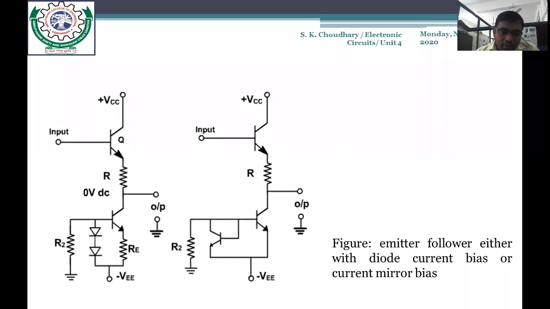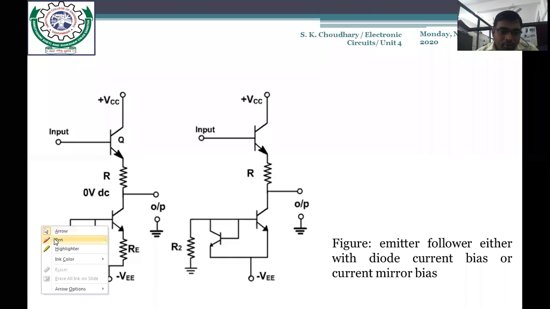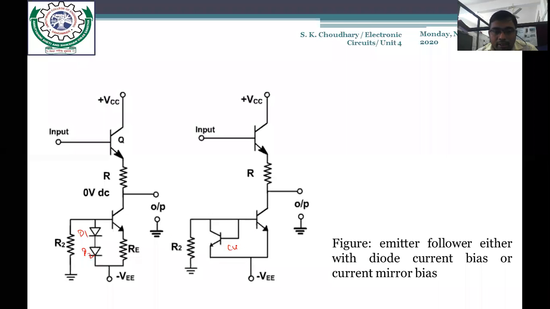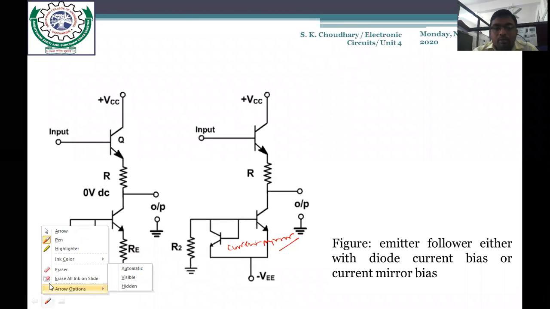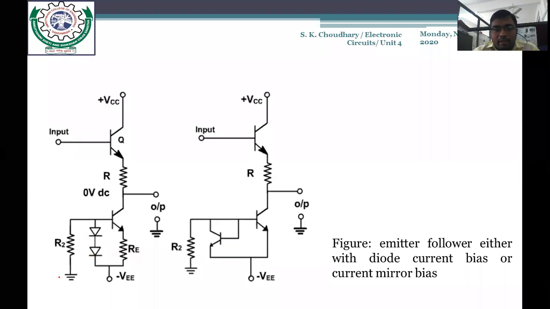So either you can use a voltage division network with the emitter follower, or you can use two diodes connected in series, or you can use a current mirror circuit. All are giving you a good result. So you can take a screenshot of these diagrams as well.